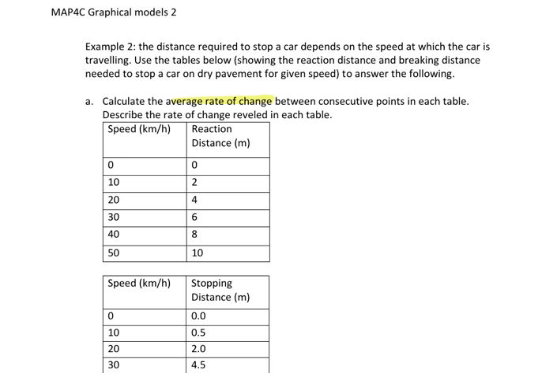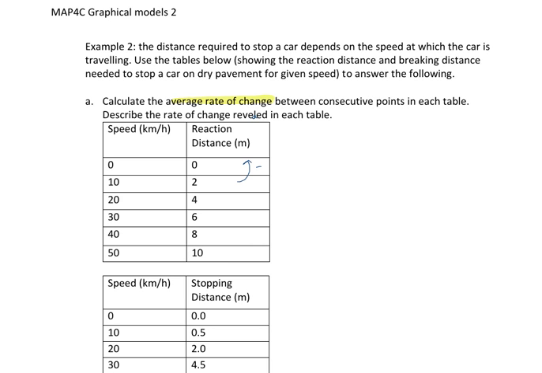So, if I want to find the rate of change, what do I have to do? I have to take the 2 points and do y2 minus y1, this minus this, divided by this minus this.